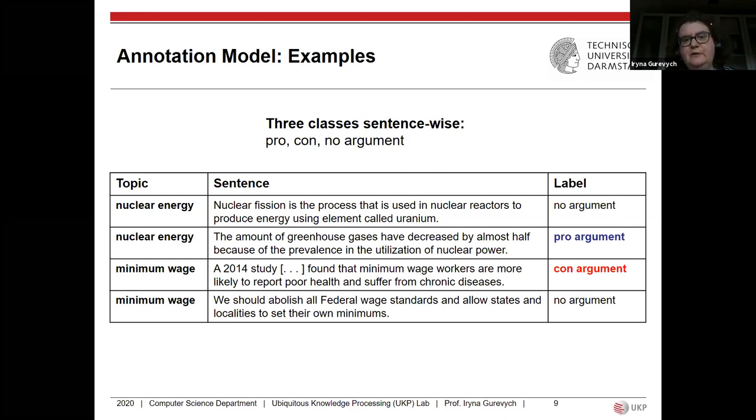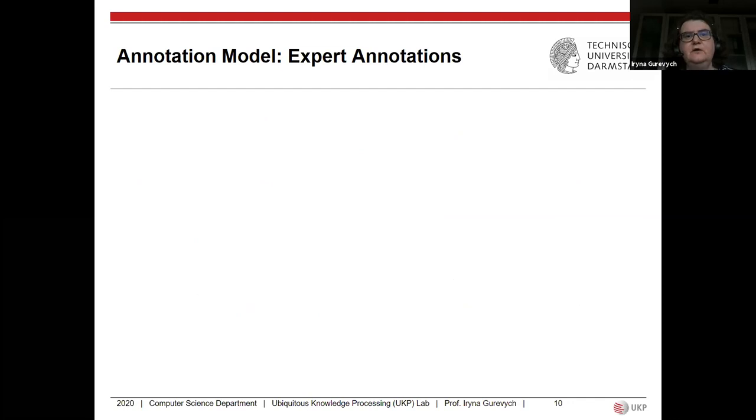So here we have a sentence which expresses an opinion. However, it does not give a reason. And I have mentioned that the reason is something which is part of the argument definition in our scheme. And this is why we classify this as no argument. And the example sets our approach apart from the discourse agnostic stance detection task.